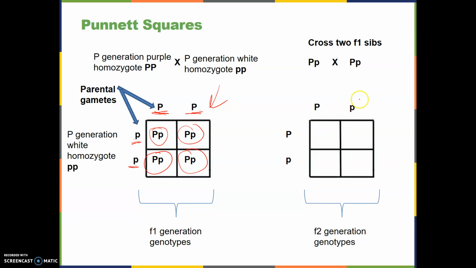So one possibility when both parents are F1s, so both parents have a big P and a little p, is that each parent will give the offspring a big P. And another possibility is that you would get one of each, a big P from one parent and a little p from the other parent. And you could get that in two different ways. And then the last possibility is that you could get two little p's, one from each parent.